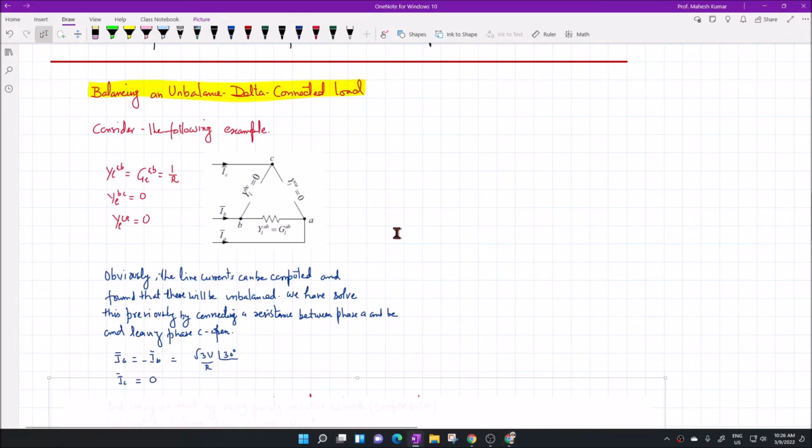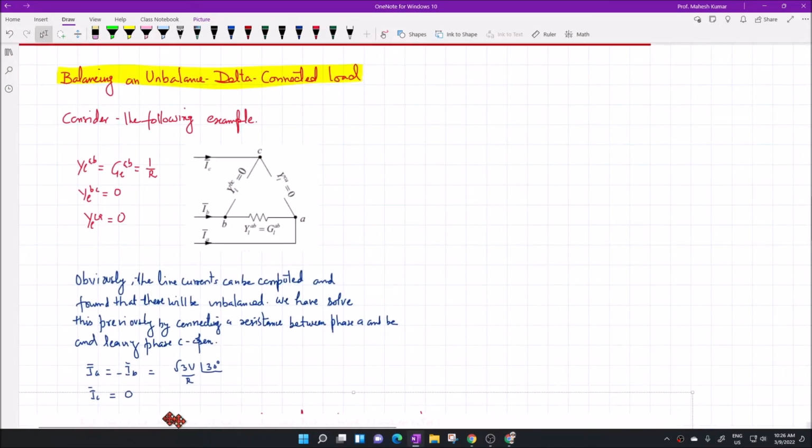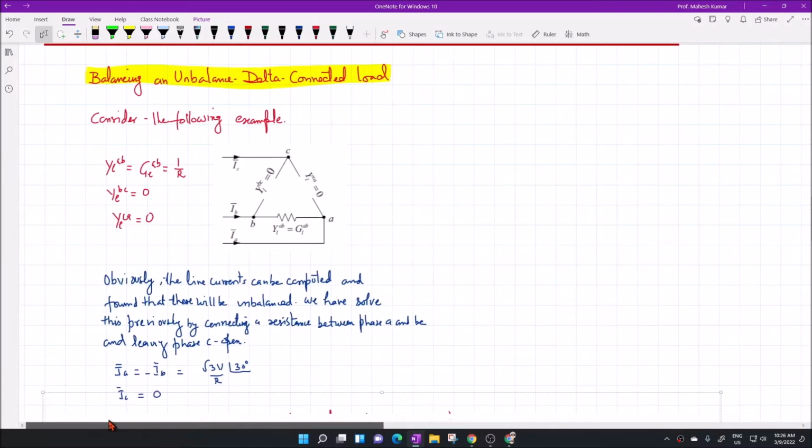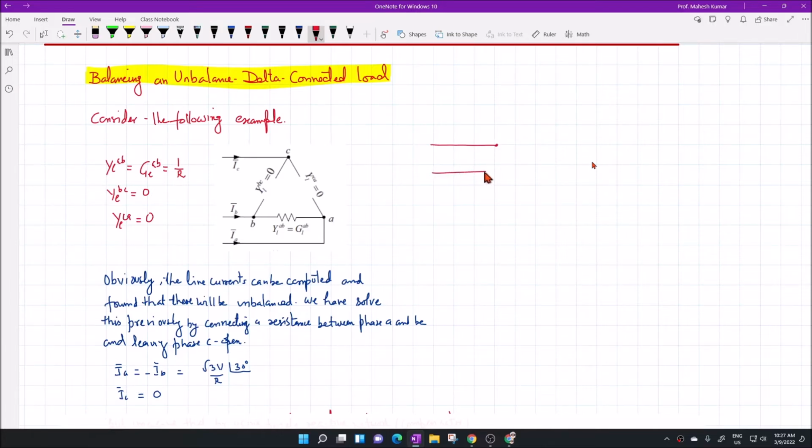So what do you mean by maximum unbalance? It actually means that this is the maximum unbalance possible in a three-phase system, and this example is similar to what we have discussed earlier. Earlier we discussed that there is a point A, point B, point C, point N. N was open and we connected a resistance between A and B. This R was between A and B. This example is similar to that.